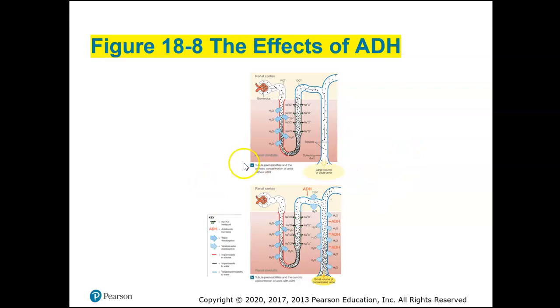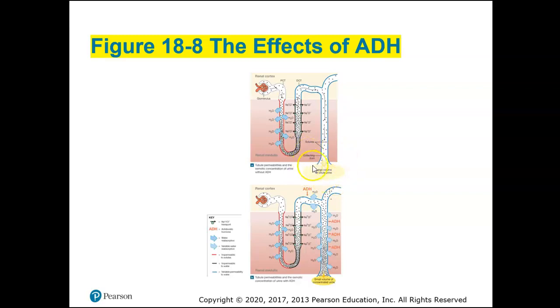All right, you can see in these illustrations what happens when ADH is present. When ADH is not present, you have water leaving the descending limb. I like this because it also kind of shows you what happens in the nephron loop. And then you have water staying in and sodium and chloride ions leaving the ascending limb. So you end up with a less concentrated urine at the top, highly concentrated urine at the bottom of the loop, less concentrated at the top when it enters the DCT, and so you're going to void or release a large volume of dilute urine.